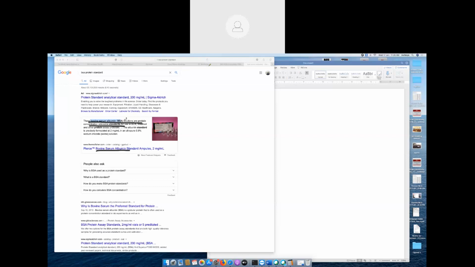The question here: are we extracting protein sample from bovine? No, right? But still we use BSA as the standard to measure the protein.